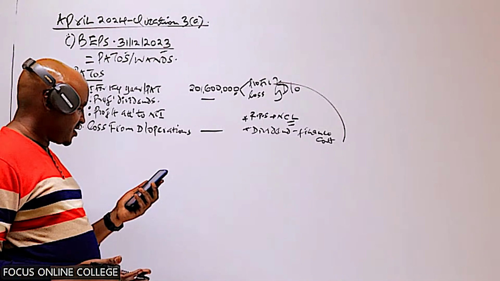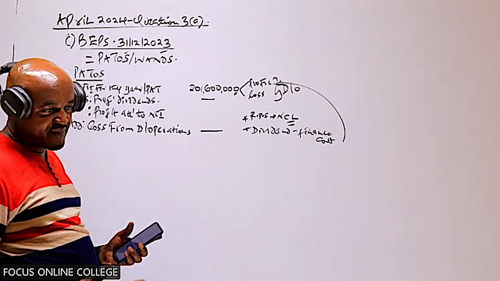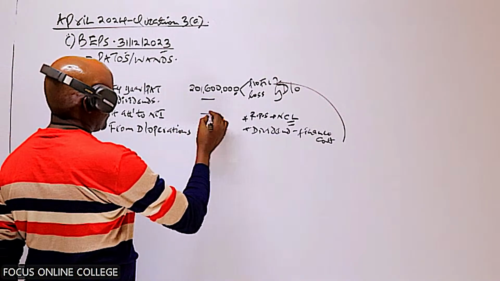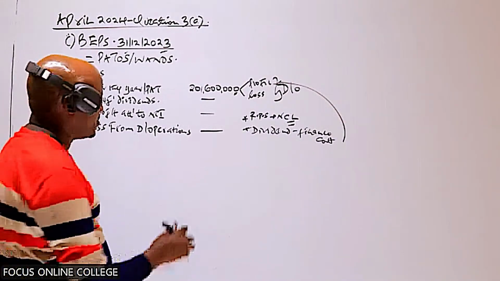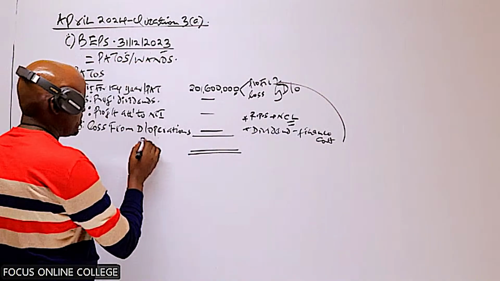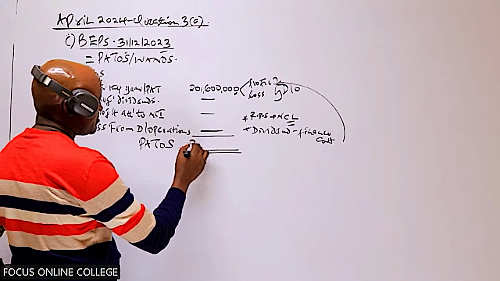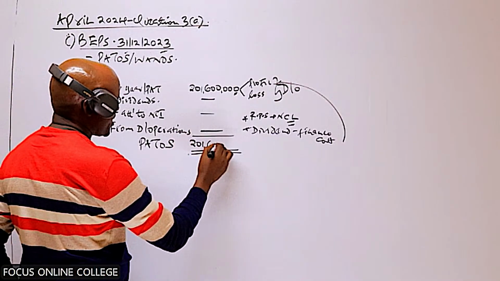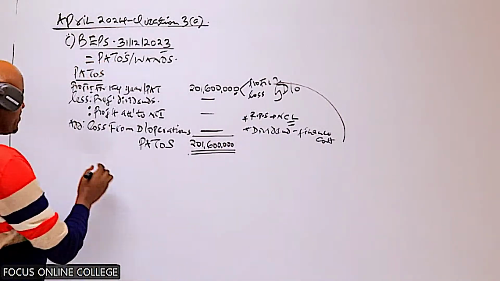Then in this case, we are not dealing with a group of companies. This is a single company. So here equally we don't have any profit attributable to the NCI. So the PATOS, the profit attributable to ordinary shareholders, therefore remains the same, 201,600,000. So we already have the PATOS.